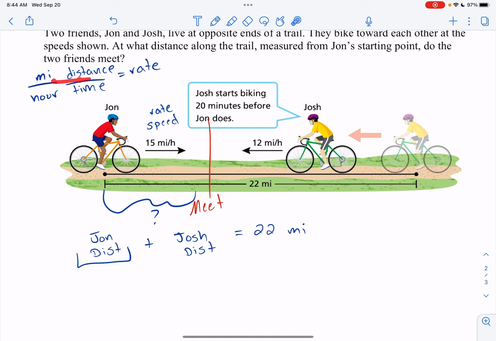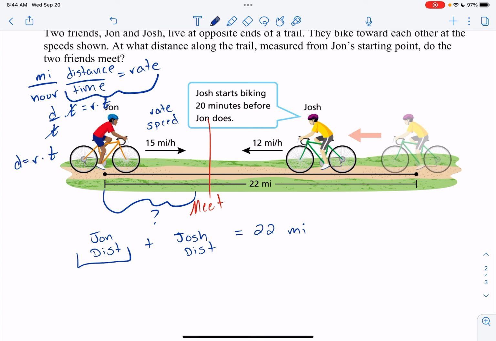So again, I'm trying to find his distance. So if I take both sides of this equation, I'm going to shorten it to D and T, times time, and I'll use R. I get this equation: distance equals rate times time.